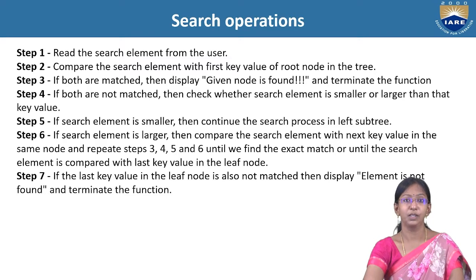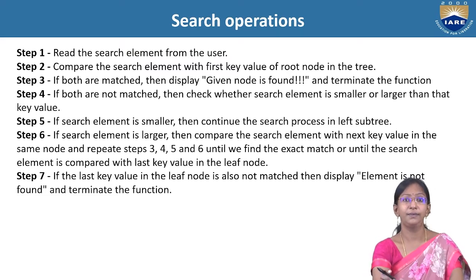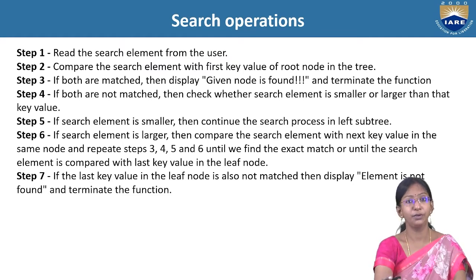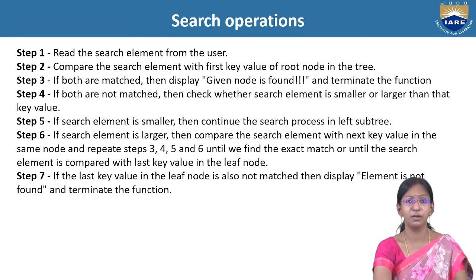Searching. This is the algorithm to perform the search operation. Whenever a key value is given to you to search for, we are trying to check whether it is present in the B tree or not. If it is present, where it is; if it is not present, we display that the element is not found.